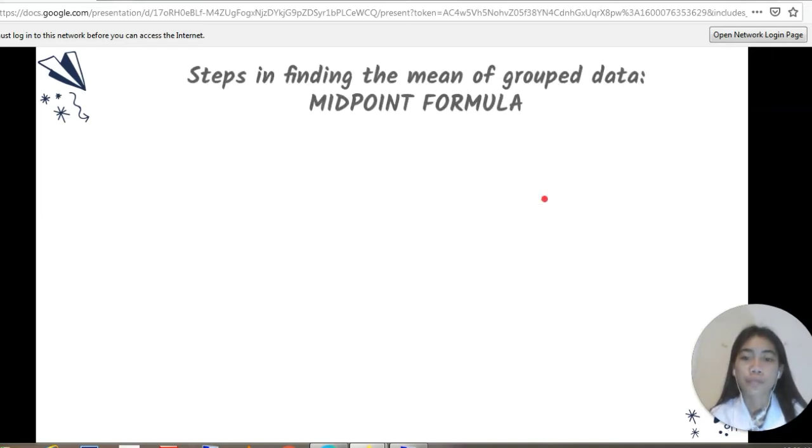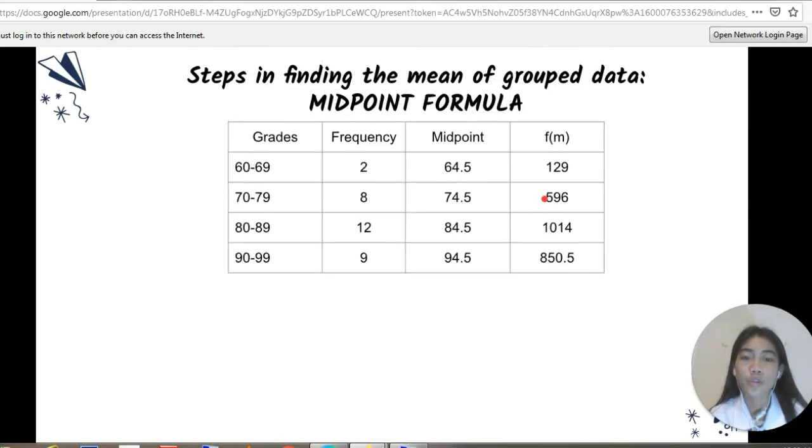Using the formula, we just have to add the frequency. The sum of the frequency is equal to 31. Dito naman po, kunin natin yung summation ng f times m, which is equal to 2,589.5.